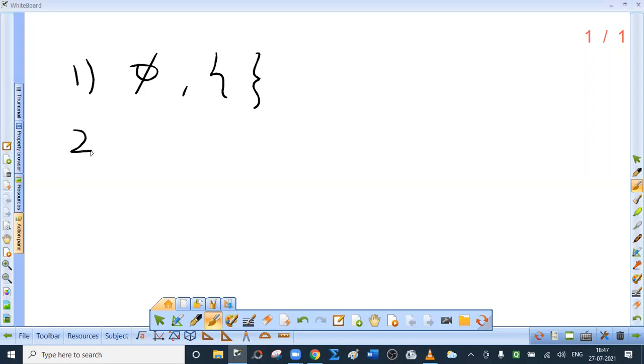Second is the singleton set, a set having only one element. Remember, phi is the null set or empty set. But if I write it like this, is this an empty set? No, it is a singleton set because this contains only one element.